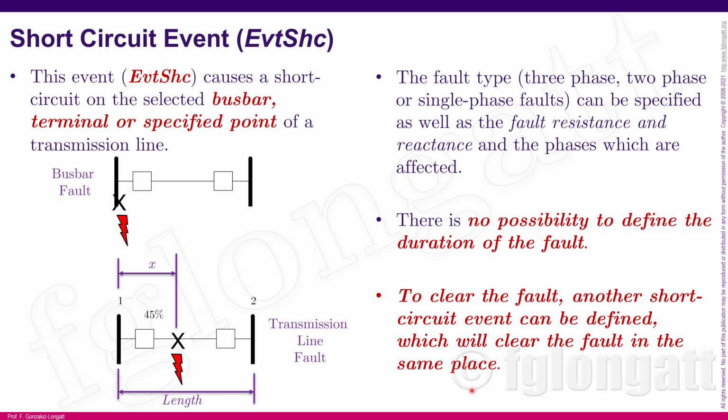If you define the short circuit in the transmission line, you need to define the time it happens, the location inside the transmission line object, and then whether you want to include some resistance and reactance for this short circuit. That is basically the most used event. Remember that in this course we are running a balanced RMS simulation. For that reason, the short circuit you will be using is basically three-phase, because this event can also be used for single-phase, two-phase, and so on.